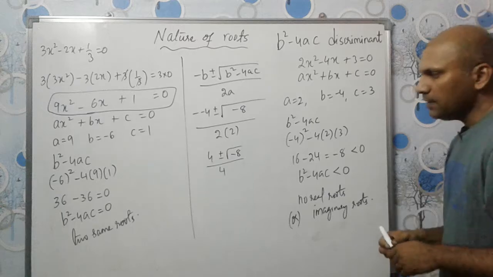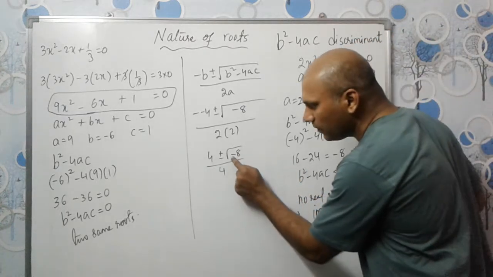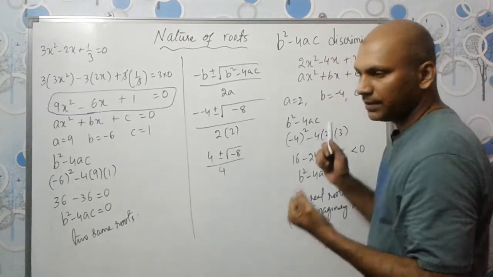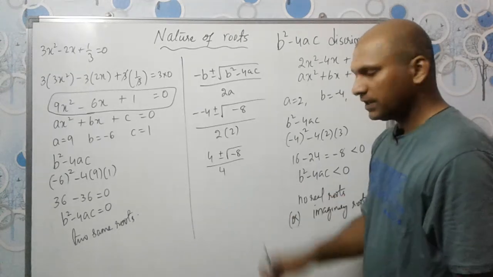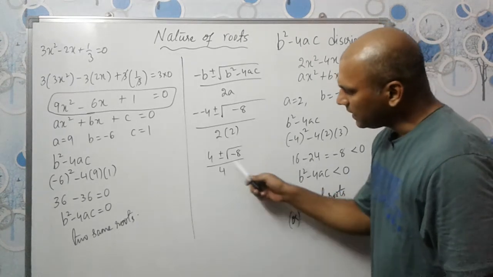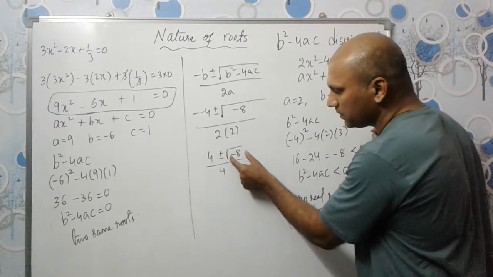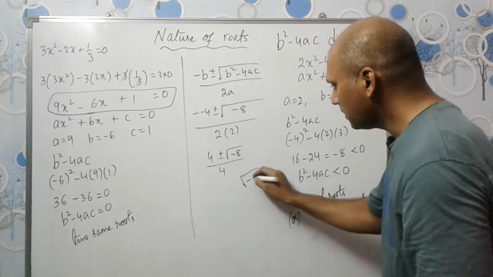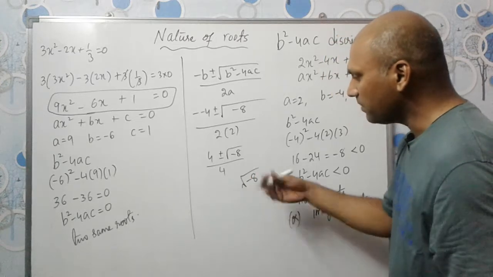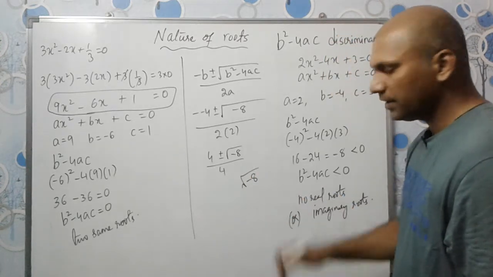Okay, see, if you have negative values inside the root, we cannot find the real numbers of those root. We can find the imaginary roots, we can find the imaginary number. What I mean to say is minus root 8 is an imaginary number, it is not a real number.